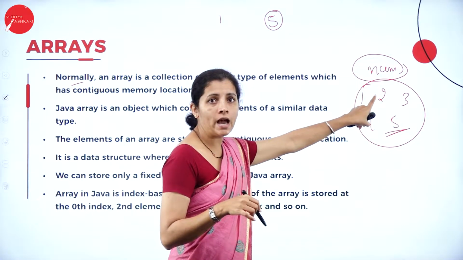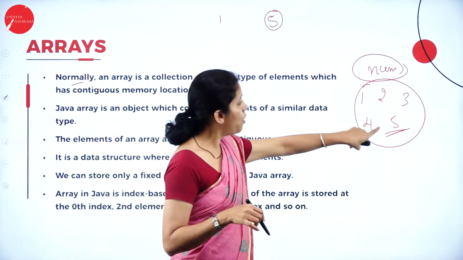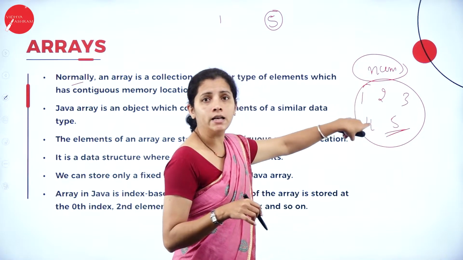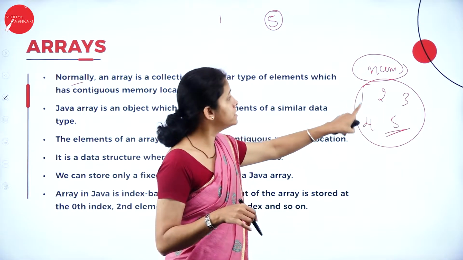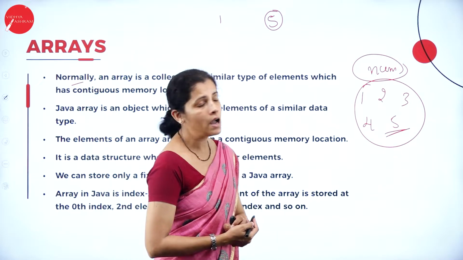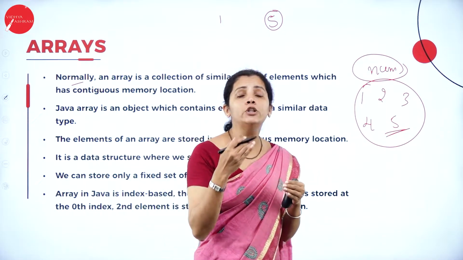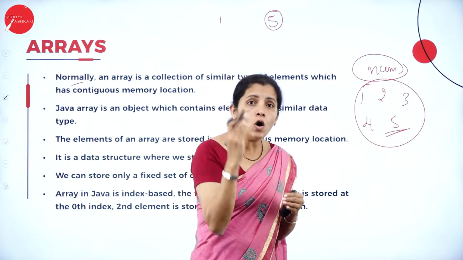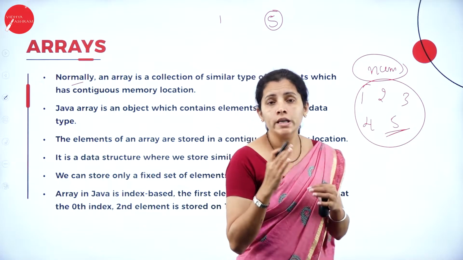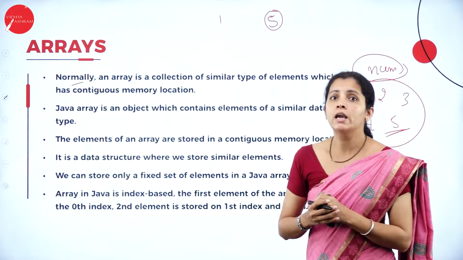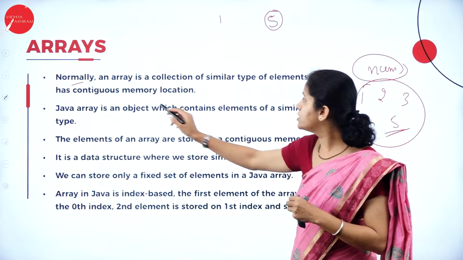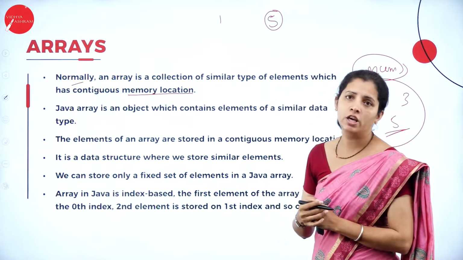How many elements do I have here? That is 5. And all these are grouped under the same name. And what is the name here? That is number. And all the elements are stored in continuous memory allocation or memory location.